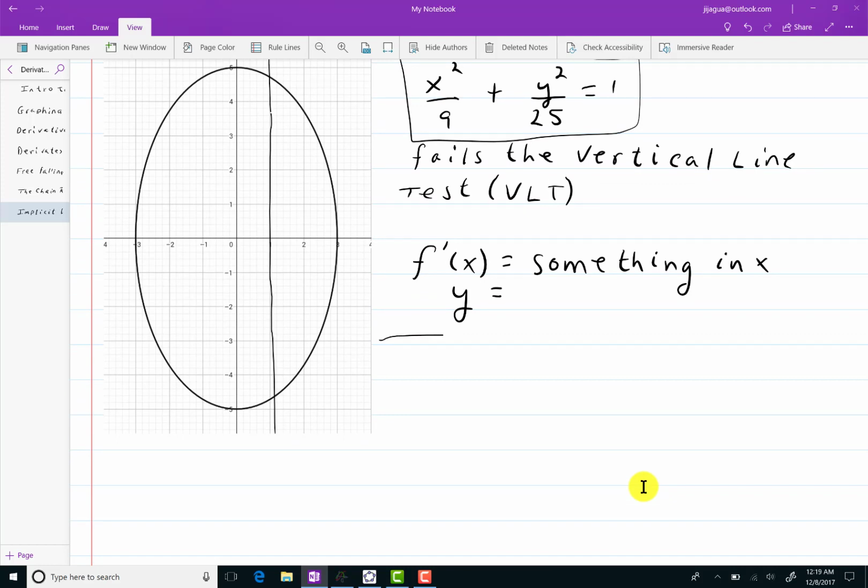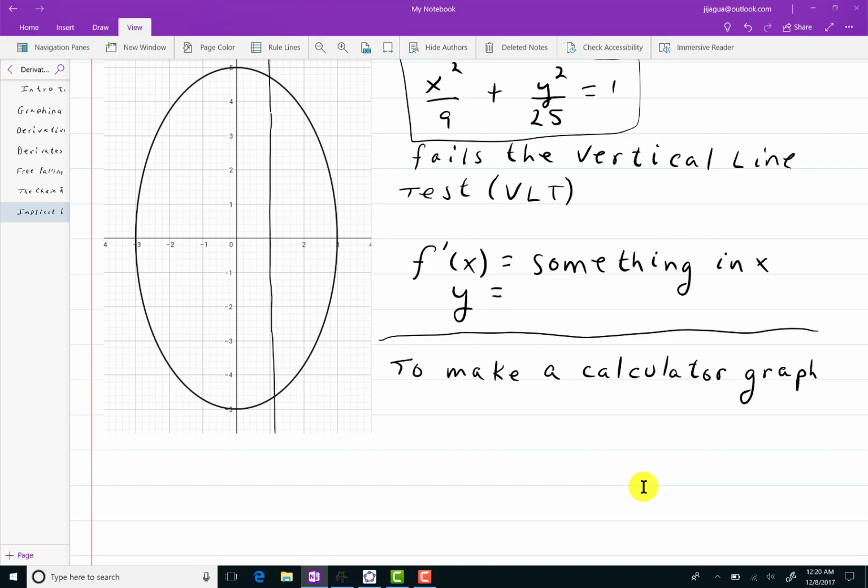So, to make a calculator graph it, solve for y.